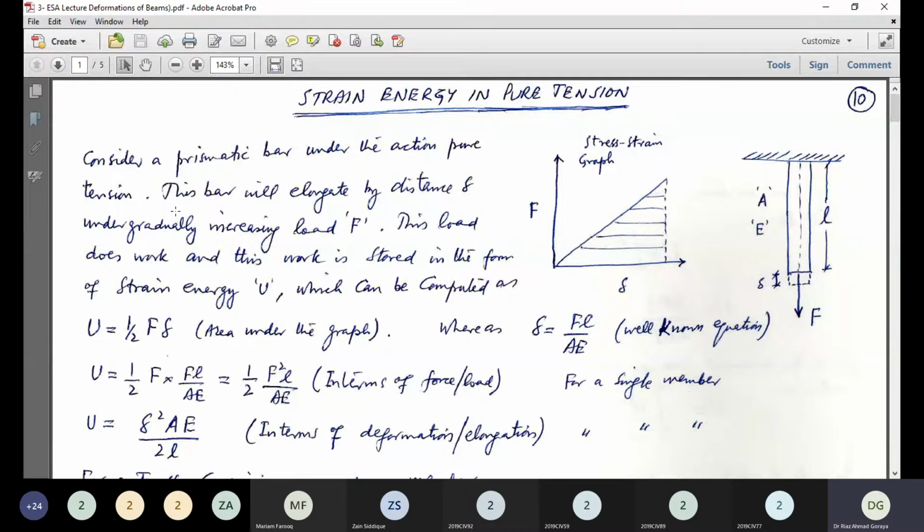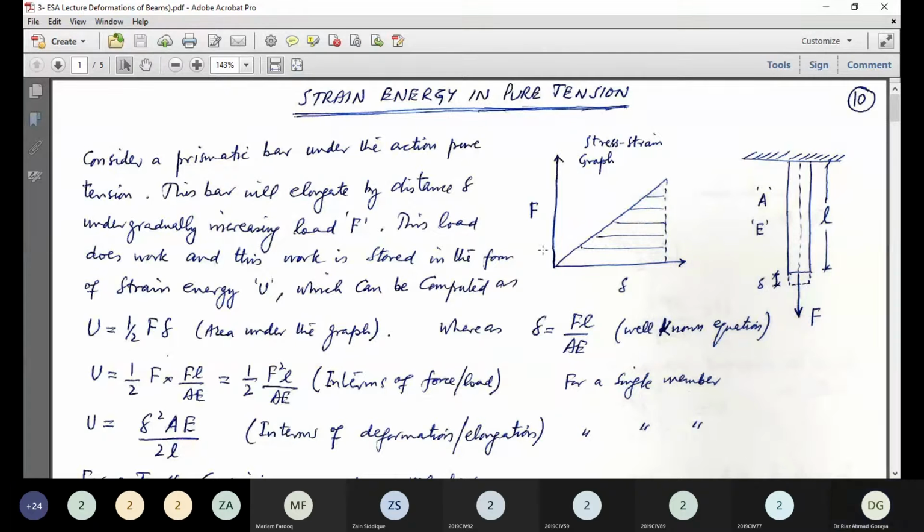We are trying to elongate the bar. Or we apply the compression, what we try to shorten the bar. So we apply the strain. That is why in the stress strain graph, strain is always along the horizontal axis, which is the independent axis. And the stress or the load is along the y-axis, which is dependent.